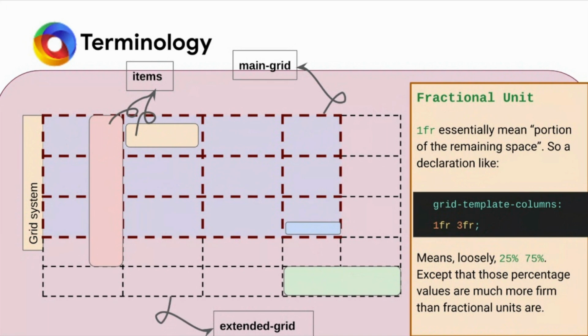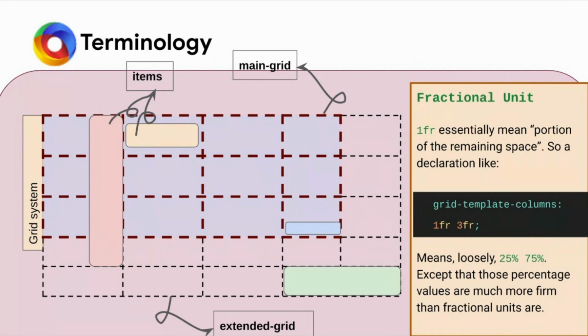Grid computes fractional units better than any other unit. You can also use pixels and so on, but fractional units are more expected in the grid because the core system of the grid mostly works with fractional units. Okay, we can see later on what grid template column and other things are.